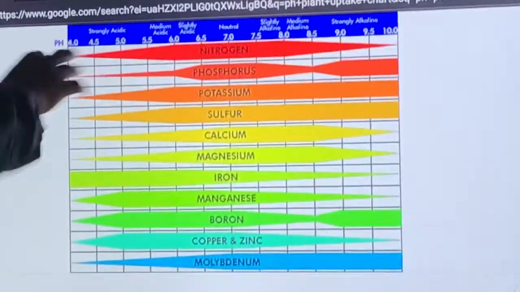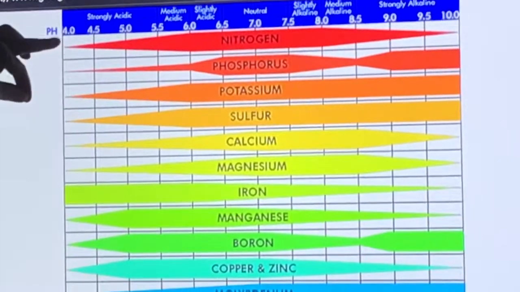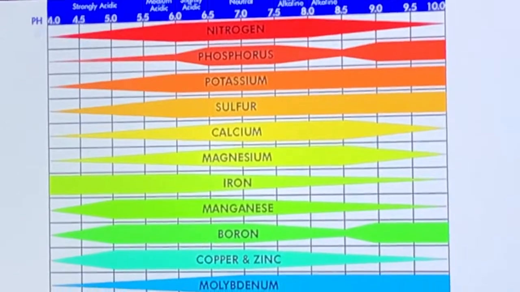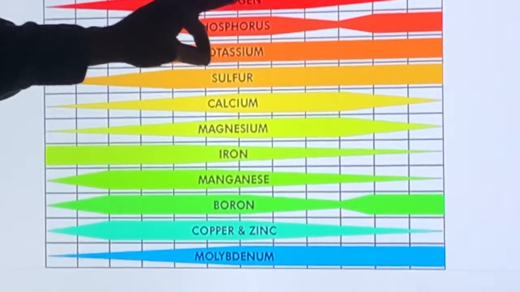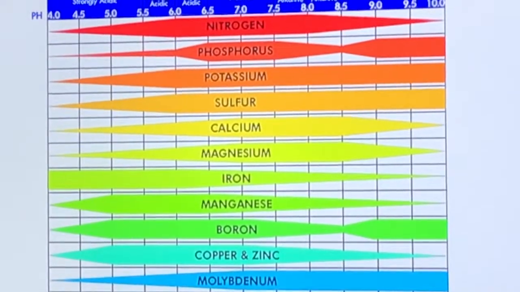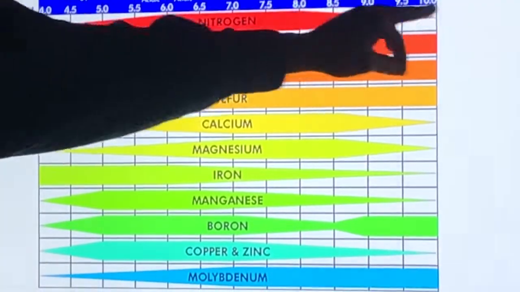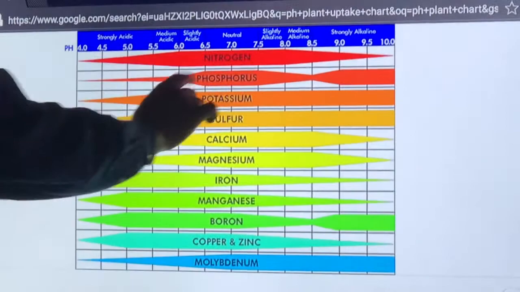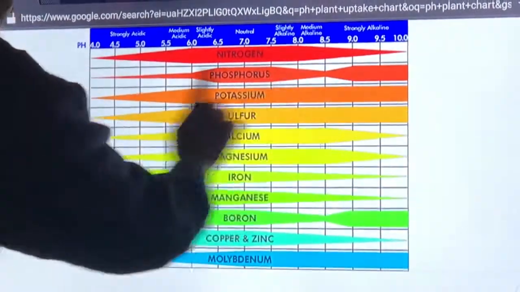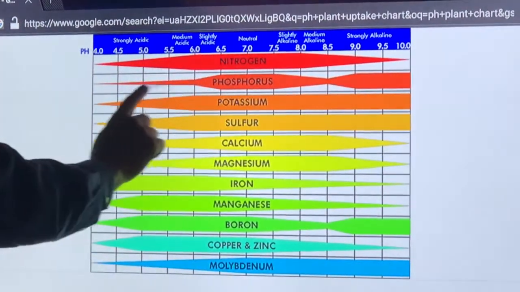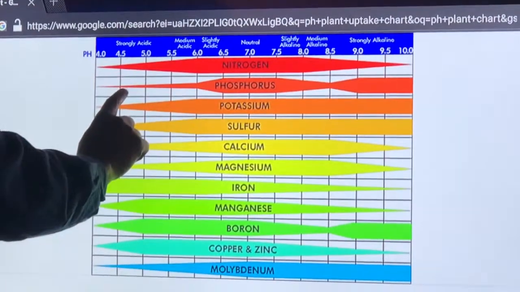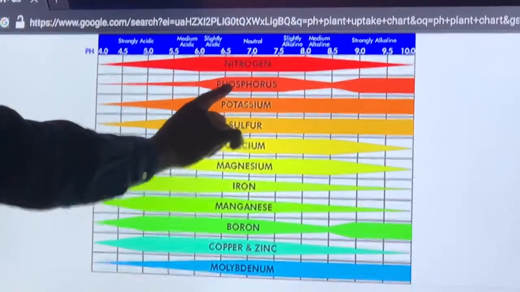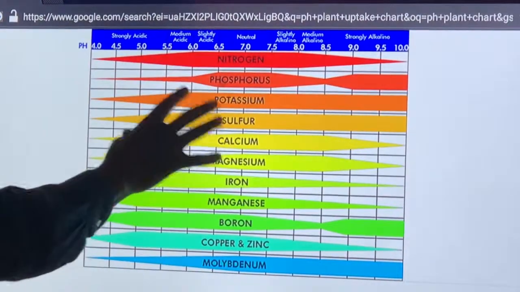So it's acidic down here, pH of 4. You go down from neutral 7, you get acidic. You go up from neutral, you get alkaline, right? So this chart here, you see how it thins out here and here? The reason why I selected phosphorus right here is that this is an uptake chart.